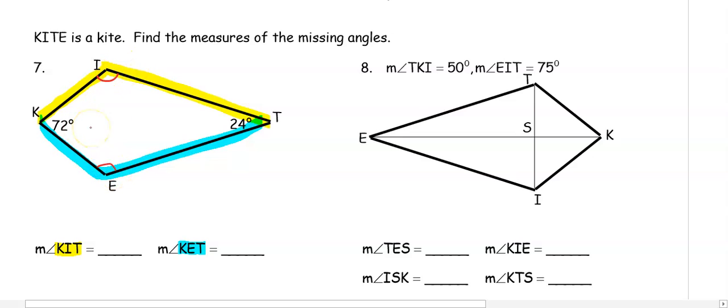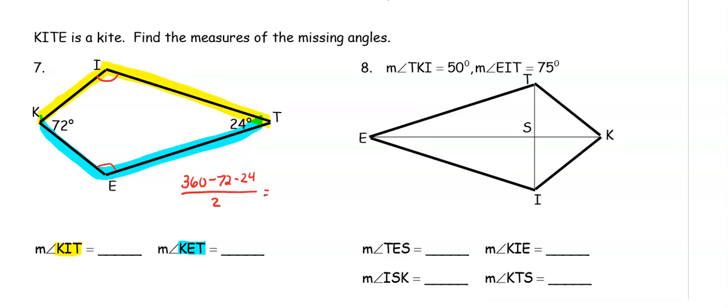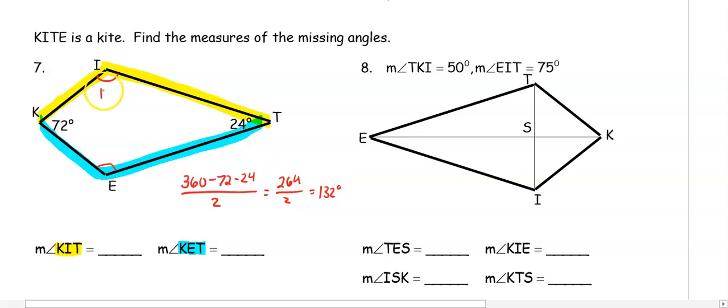So if I have my two angle measurements, I can do 360 minus the other two angles I already know and divide that by 2 to equally split it between the two angles. So 360 minus 72 minus 24 is 264. When we divide that by 2, we get 132 degrees. So both of these angles would be 132 degrees.